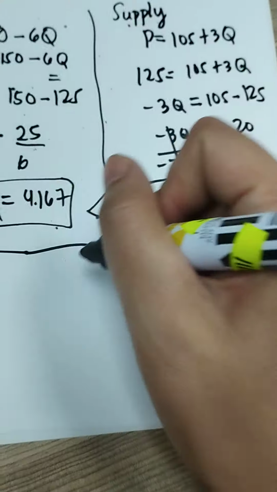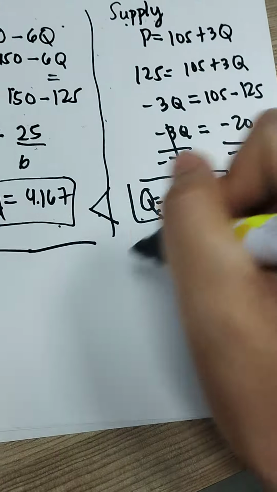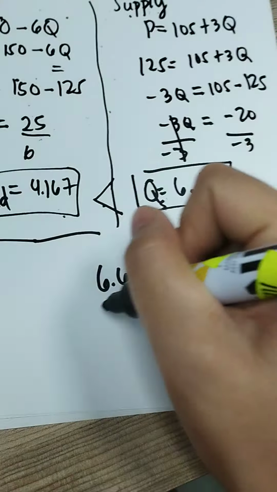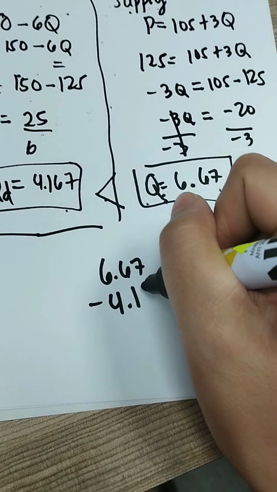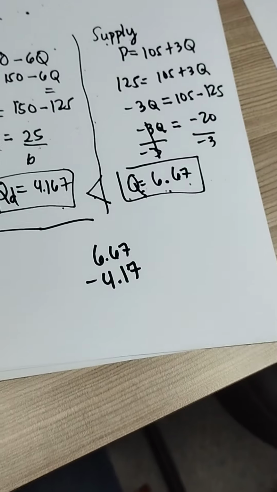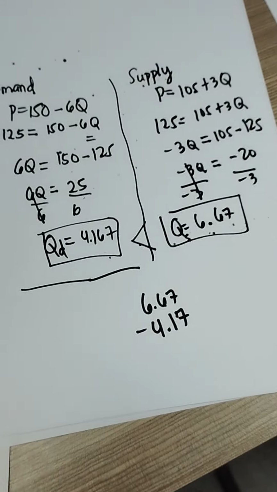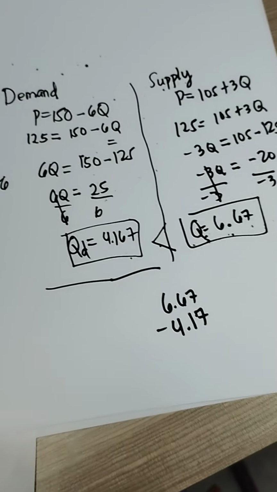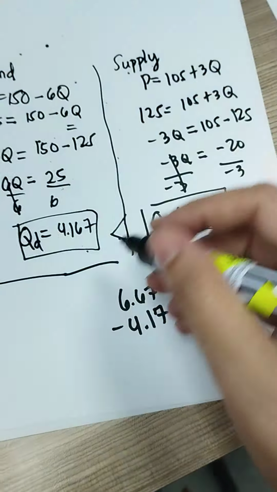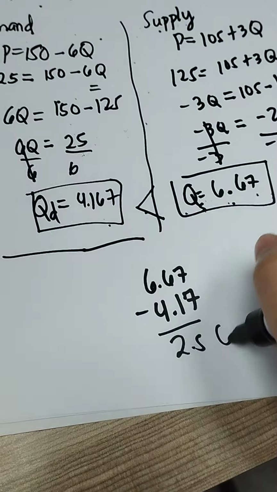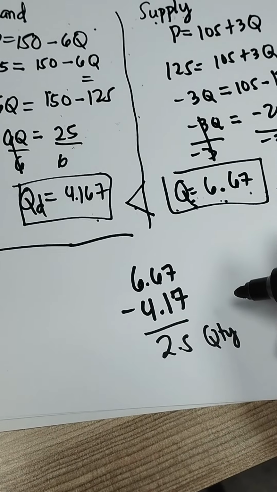Now, if we are to get the difference, the QS is 6.67 while the QD is 4.167, or let's say 4.17. So that's 6.67 minus 4.17. The answer is 2.5. This is the excess quantity.